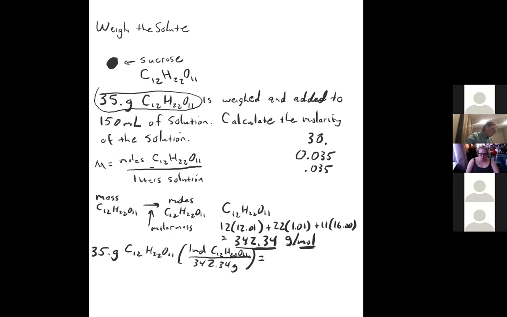So 35 over 342.34 is 0.1022. Now our volume is 150 milliliters, and it's 1 liter per 1,000 milliliters, so that gives you 0.150 liters.